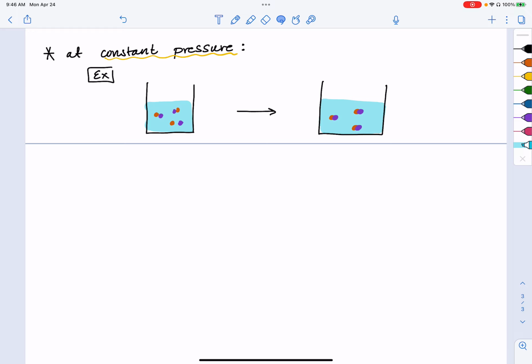Because if these chemical reactions are open to the atmosphere, then whatever pressure is being exerted or pushing down on our system, and thus also what our system is pushing back up on, is in some equilibrium with one another.